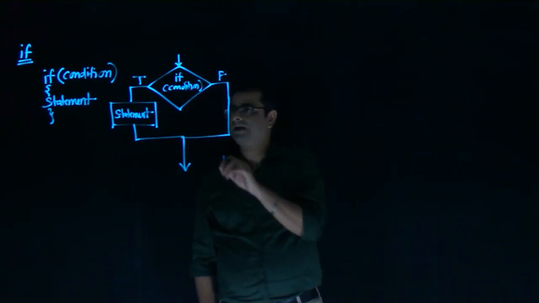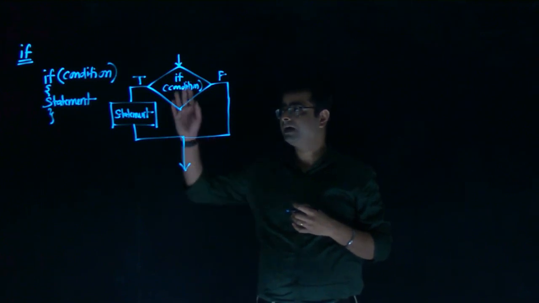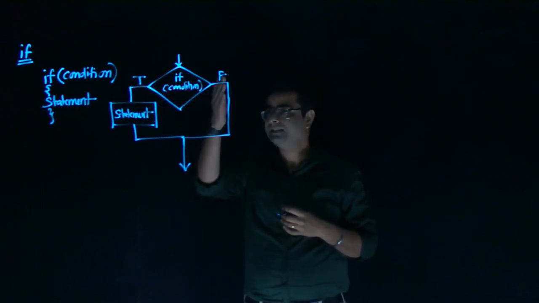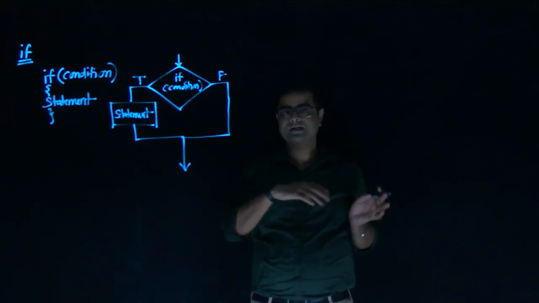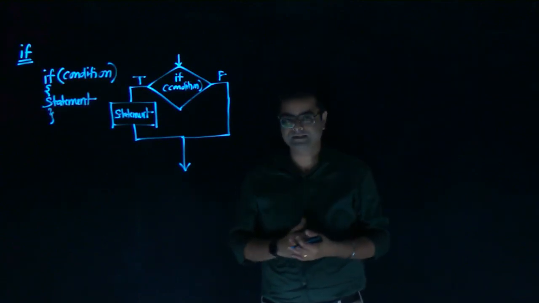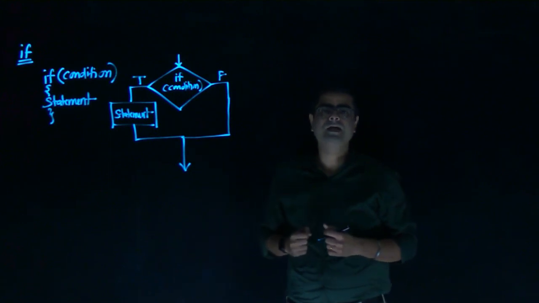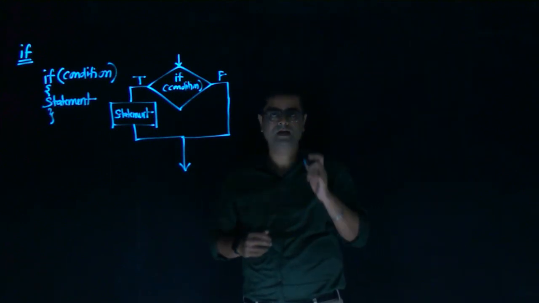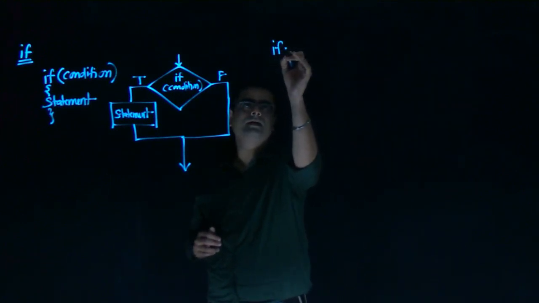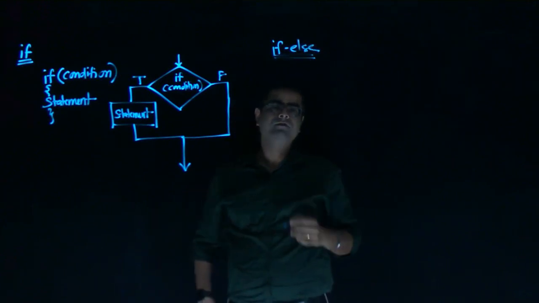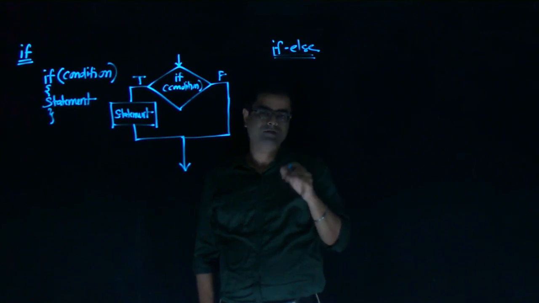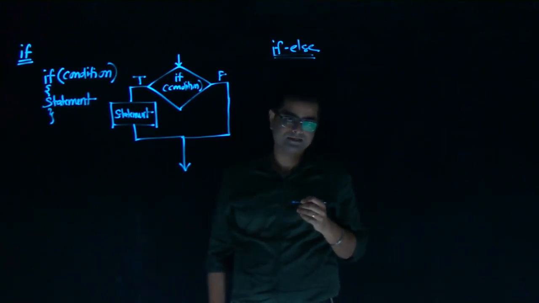After learning the if statement, we can see that if the condition is false, nothing gets executed. What if I want to execute something for a false condition? Then in that case, we need to use our second statement, which is called the if else statement. Again, the syntax of if else will look like this.